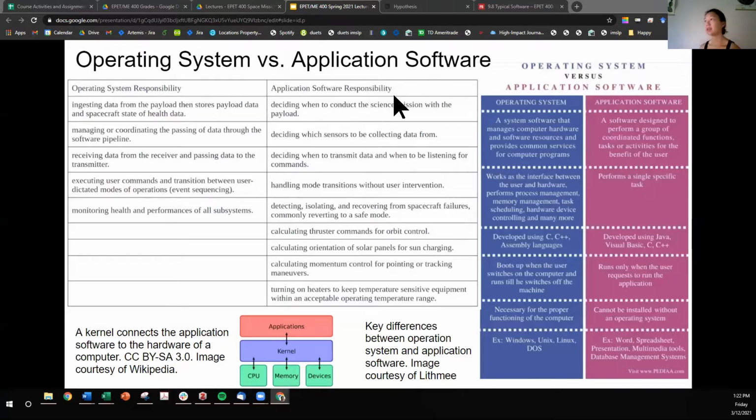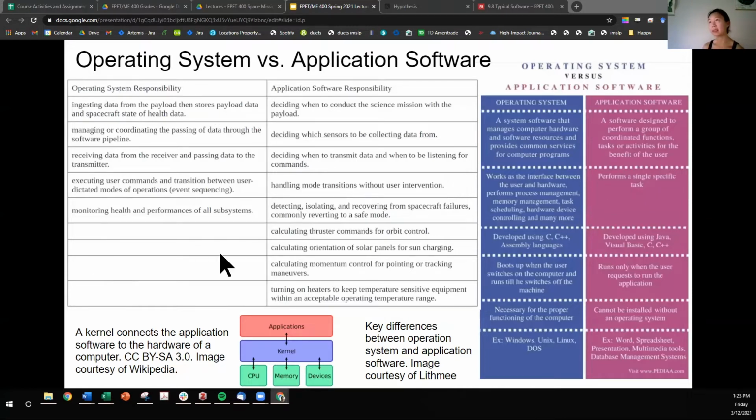This includes deciding when to conduct the science mission with the payload, deciding which sensors to be collecting from, handling mode transitions without user intervention, calculating thruster commands for orbit control. So you can see here that the application software is a higher level of functioning and the operating system is a lower level of functioning, but both are equally important.